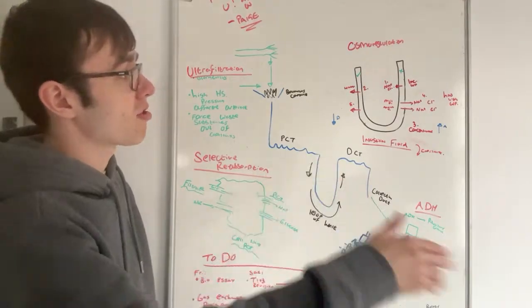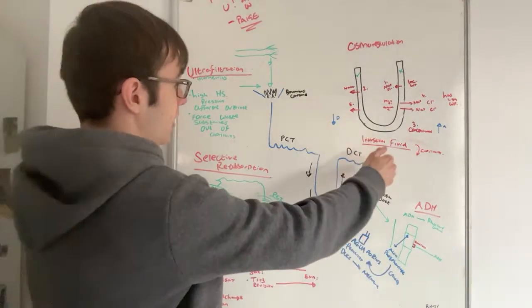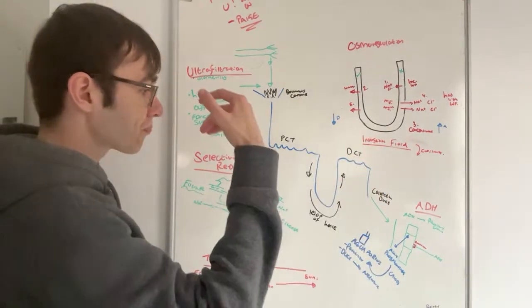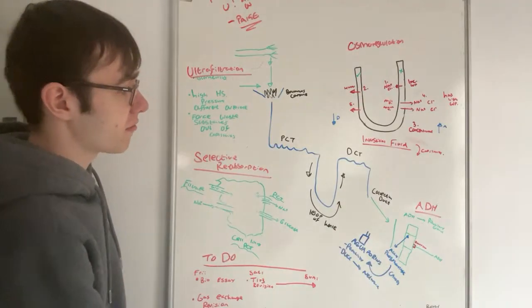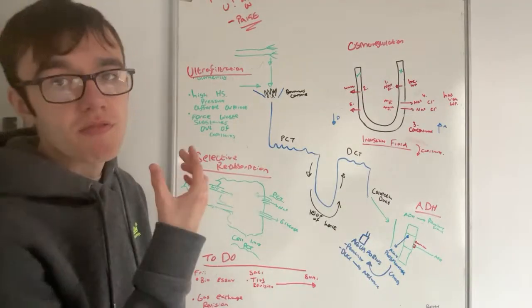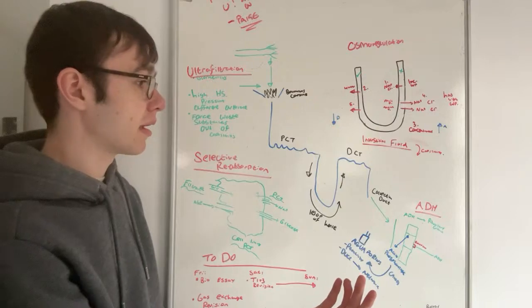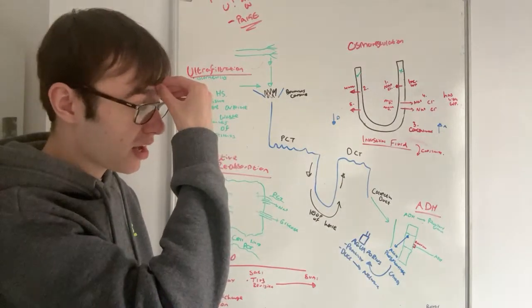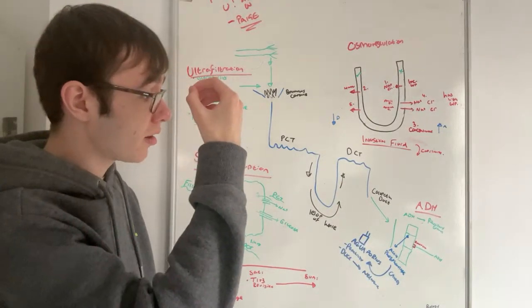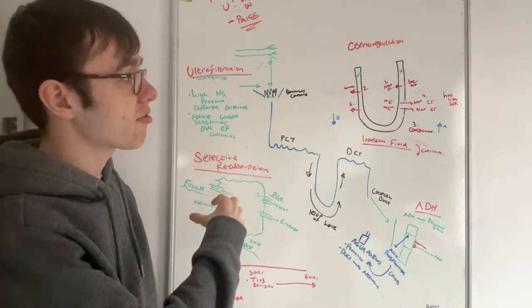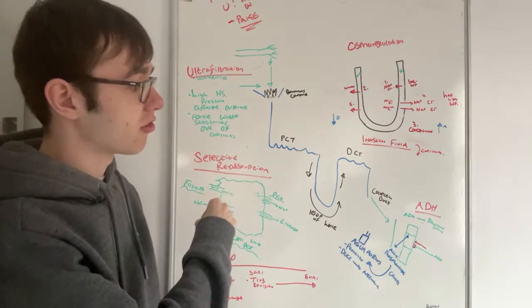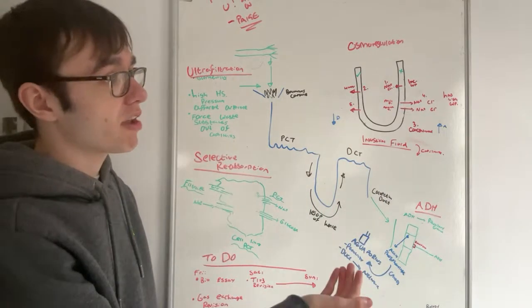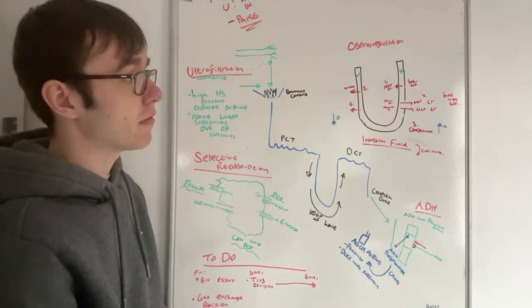Meanwhile, everything else is going to travel along into the collection duct. In the collection duct, the effect of ADH is that it's secreted in the pituitary gland, it's detected by the hypothalamus, and the way this works is it binds to receptors on the collection duct cells. It activates an enzyme called active phosphorylase.